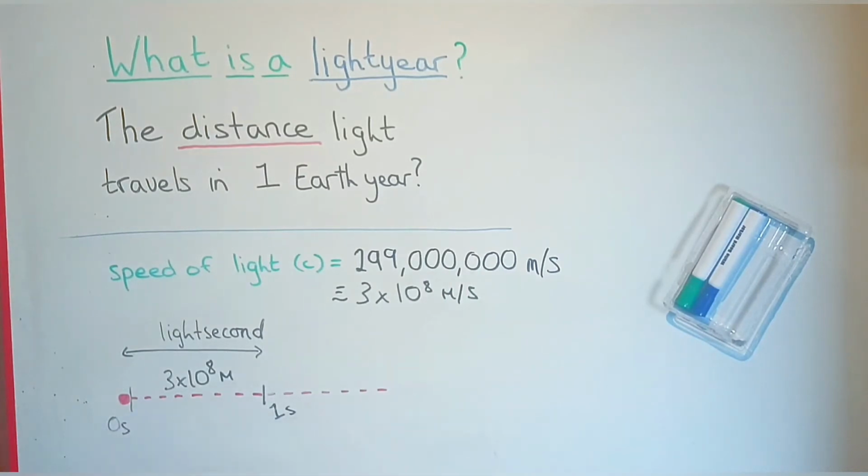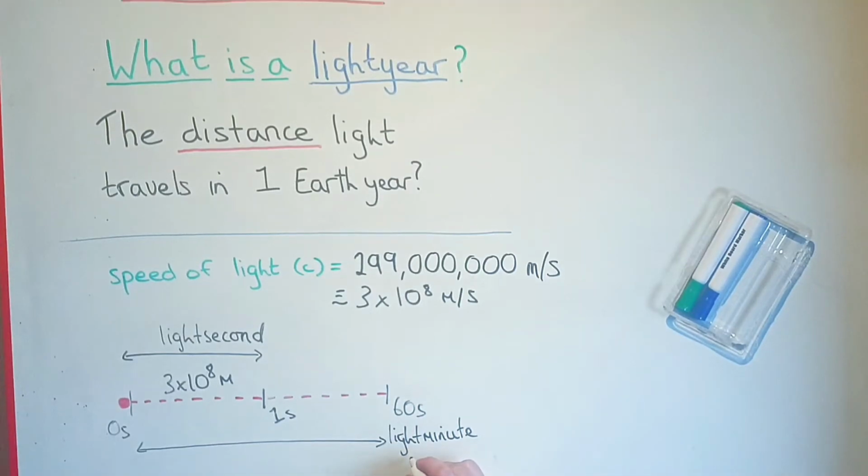Now let's say after 60 seconds we stop the photon. From here, the distance traveled from here to here, well, because it's a photon of light and because it's traveled for 60 seconds, we can then call this a light minute, as it's the distance that the light has traveled in 1 minute.